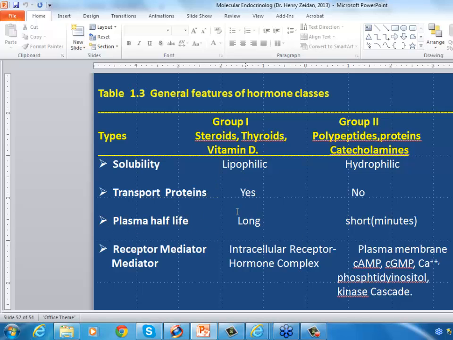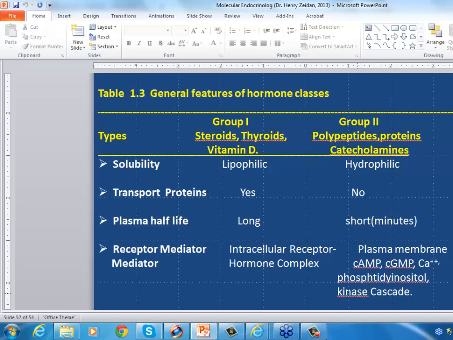Transport proteins, I already addressed it to you. Yes, here, globulin, serum albumin, common carriers. Water soluble, there is no bound form. Half-life, of course, long half-life. Common question in the USMLE exam. For steroid, thyroid, vitamin D, lipid-soluble hormones, long half-life.